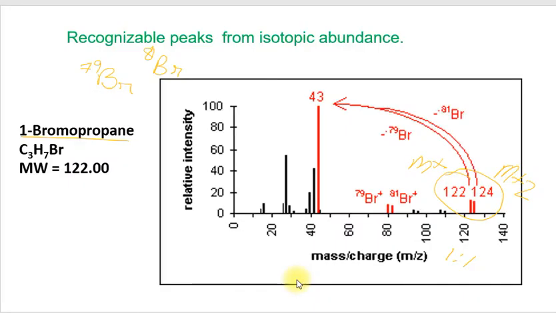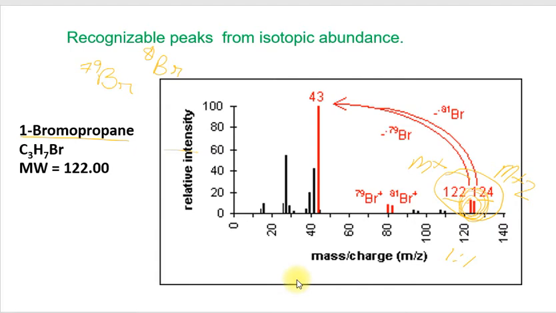Now again, coming back to the mass spectrum of 1-bromopropane. The M plus peak is 122 and the M plus 2 peak is 124, and you see that they are almost of equal heights. So these kinds of peaks will always give you the hint that it could be a bromine-containing compound.